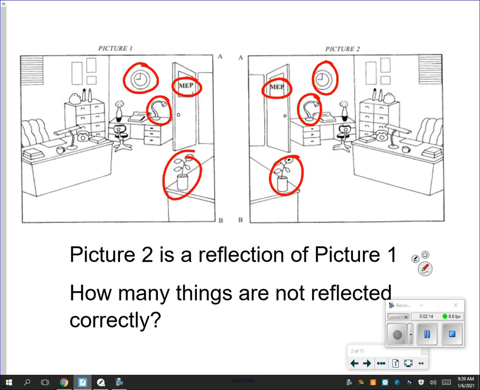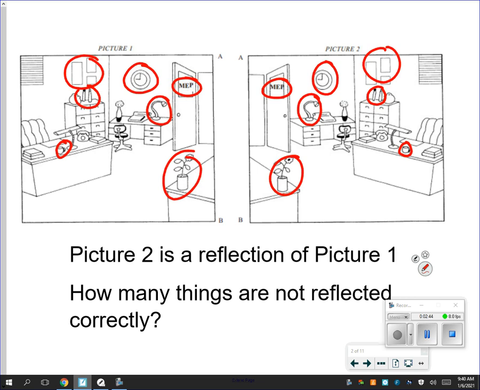You have the cup on the desk. You have the posters on the wall. And you have these little vase things. So those are the things that are not reflected correctly. So there are 1, 2, 3, 4, 5, 6, 7 things that are not reflected correctly in this image.